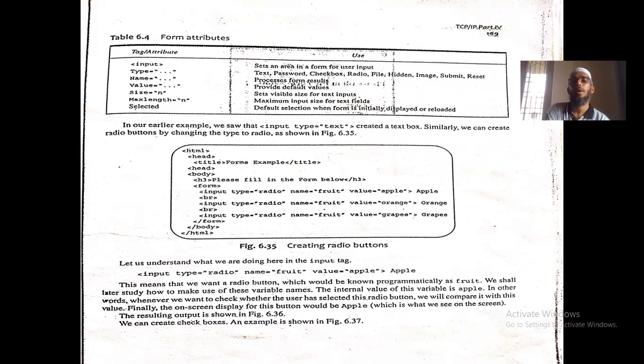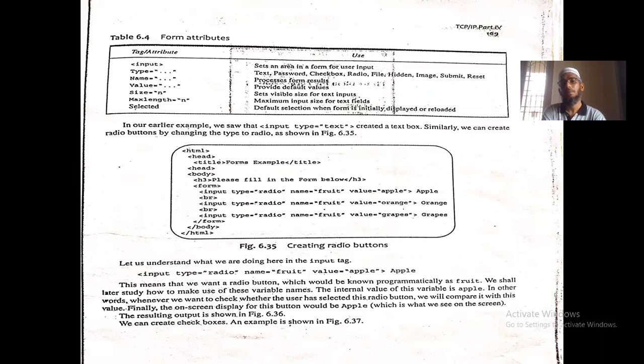The value is what is displayed by default. The size is the visible size of the text, and there is also a maximum length, and what is selected by default when the form is initially displayed.